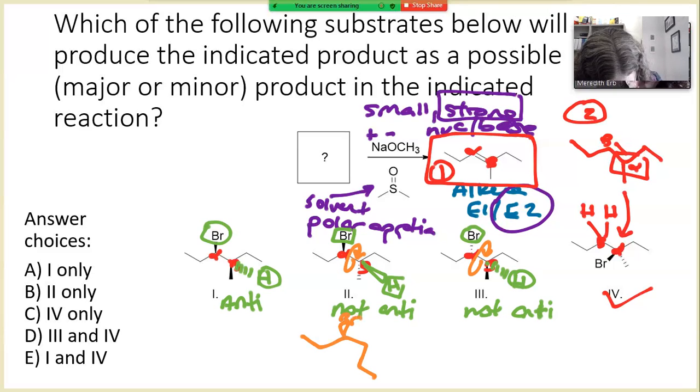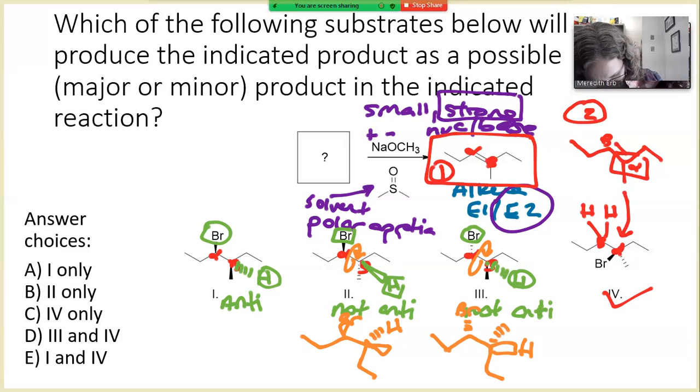So we'd have Br, and then when we rotate around, our hydrogen would be dashed, and this would be wedged, the methyl. And same idea over here in molecule 3. The Br is dashed. The hydrogen would now be wedged, and we'd have the methyl dashed.